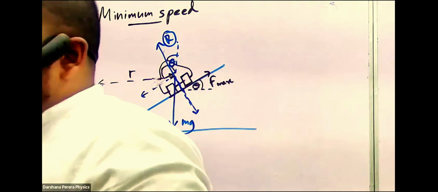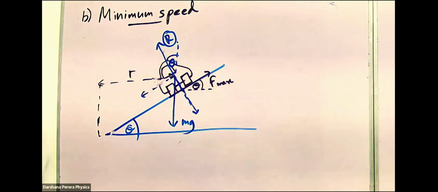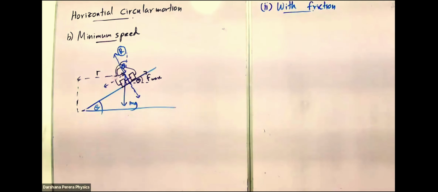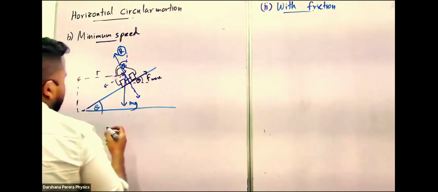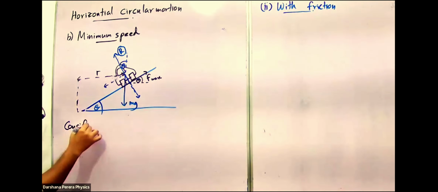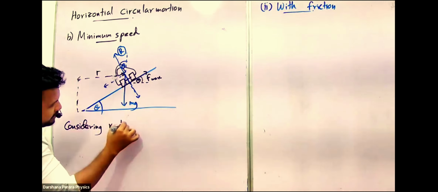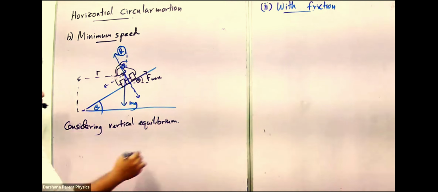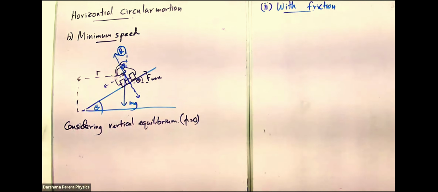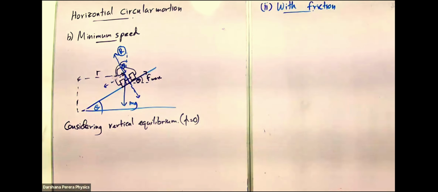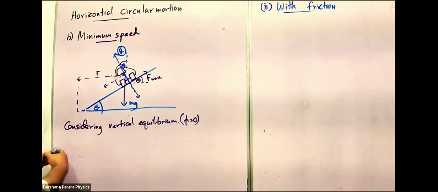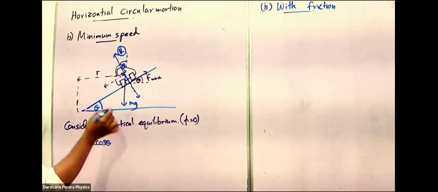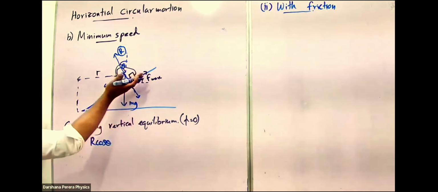Right. In that case, we have to use all of R, mg and F. Considering vertical equilibrium, R cos theta equals R cos theta plus F sin theta.